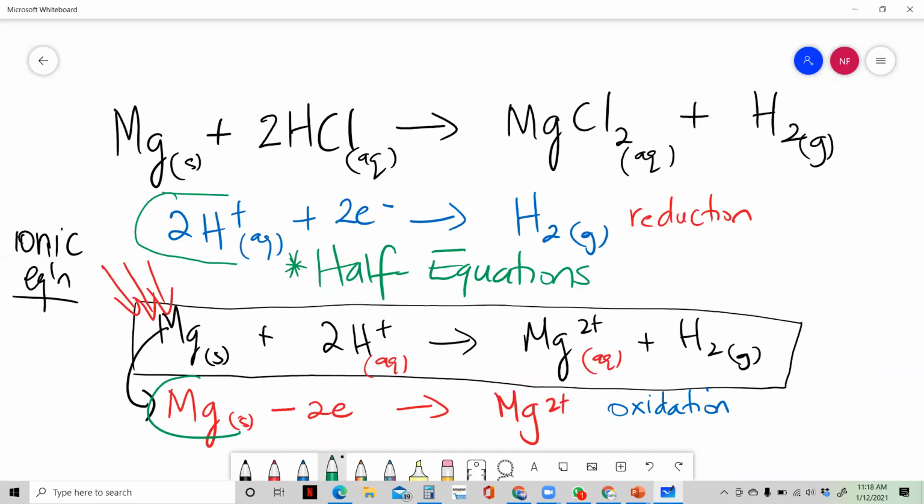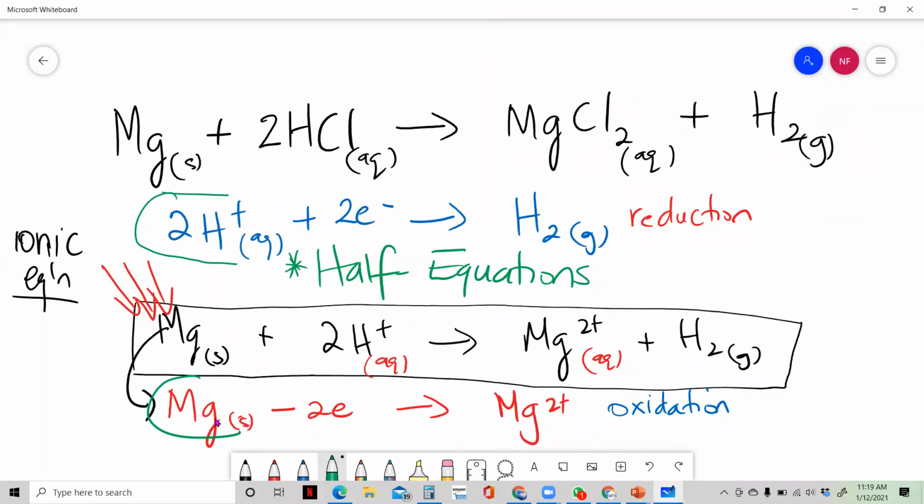Pretty much what you're doing is taking out one species out of the reaction. So remember, you have A and B. We're splitting the reaction in two. We're taking species A and telling exactly what is happening to it in terms of losing and gaining electrons. And then we're taking species B and telling you what exactly is happening. So these are half equations, ladies.